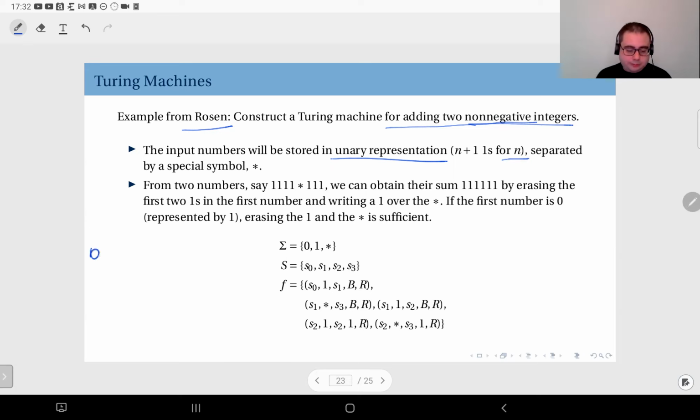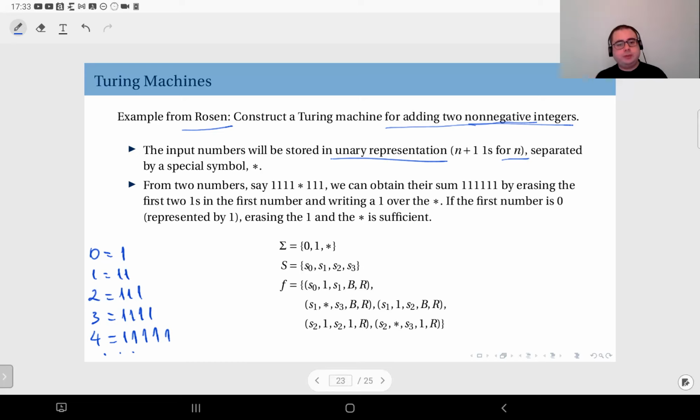So this is 0, this is 1, this is 2, this is 3, this is 4, and so on. You get the idea. To represent n, where n is a natural number, you use n plus 1 ones.